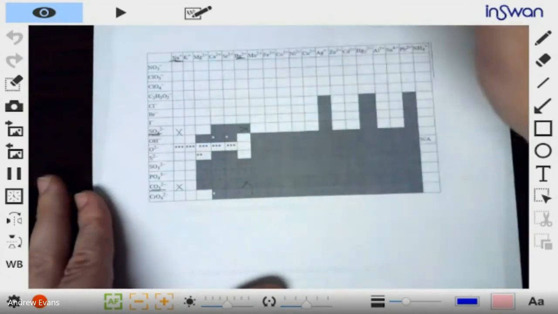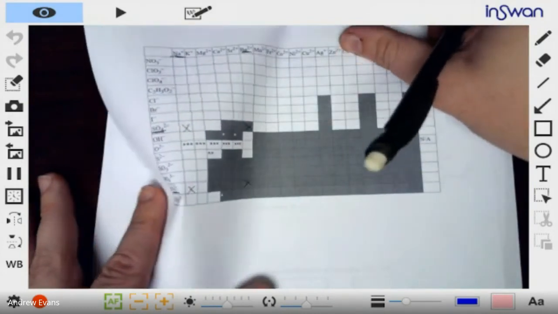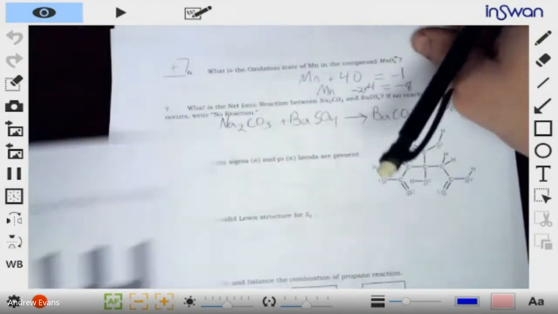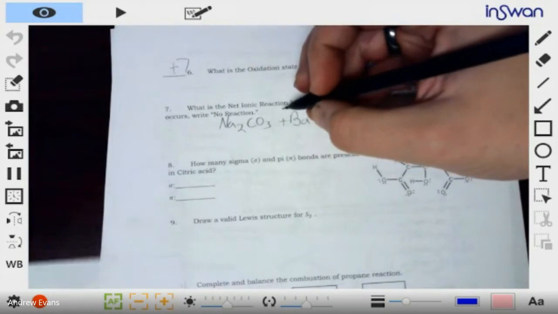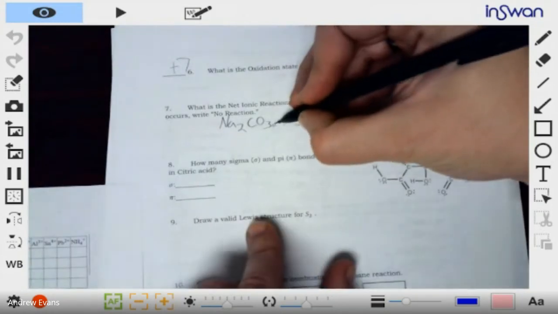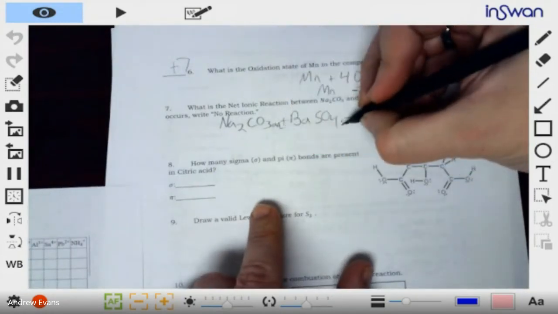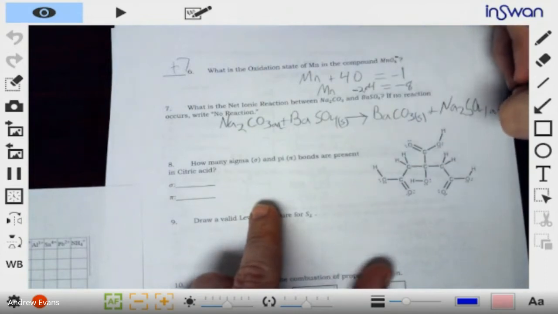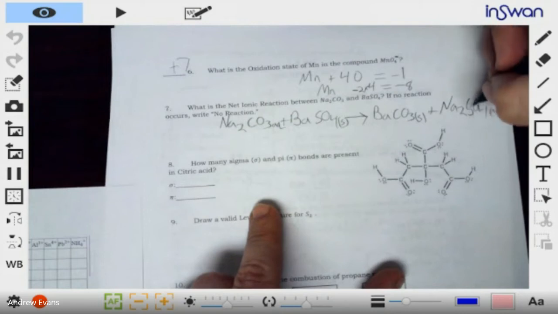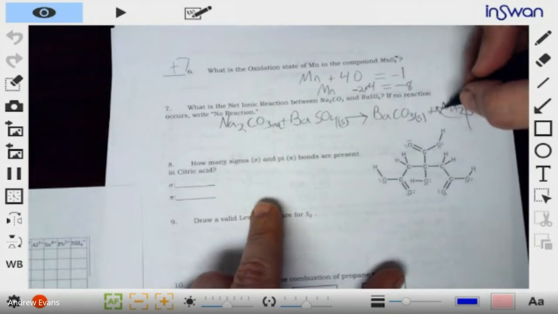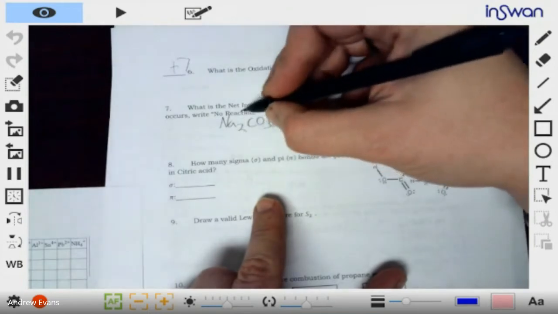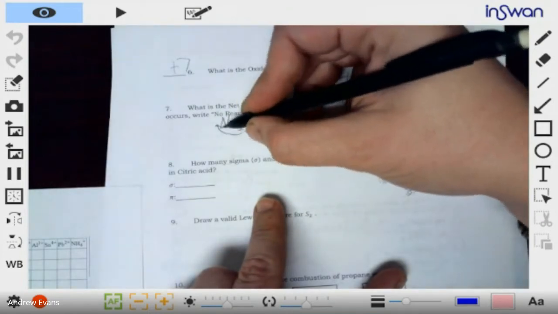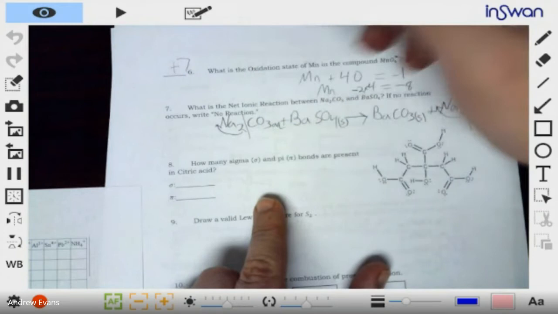Wherever it's clear, it is aqueous. So putting our labels on, we have aqueous, solid, solid, aqueous.